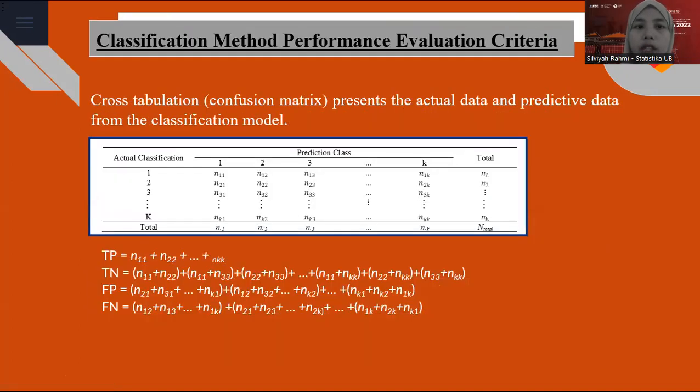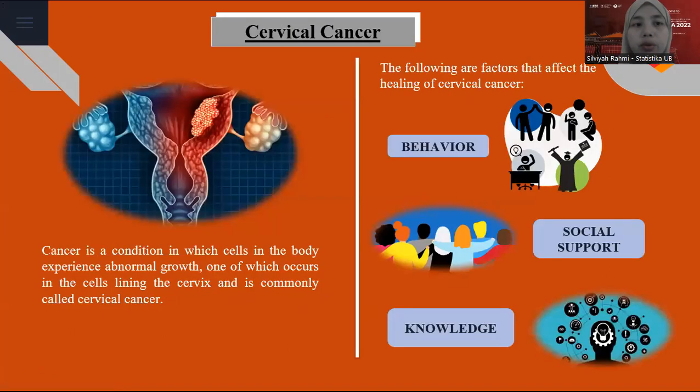And we know classification method performance uses a confusion matrix, or cross tabulation, for the actual classification and the predicted class. This table shows the K classification, but in this case, we only classify in two kinds of classification, that is someone who has cervical cancer or no cervical cancer. We have true positive and also until false negative.